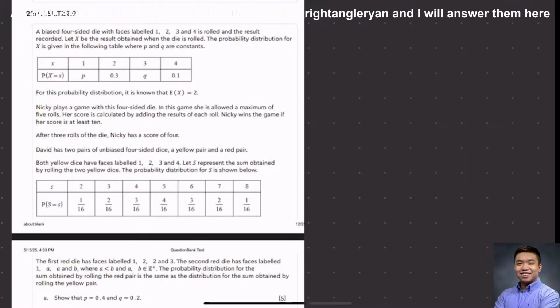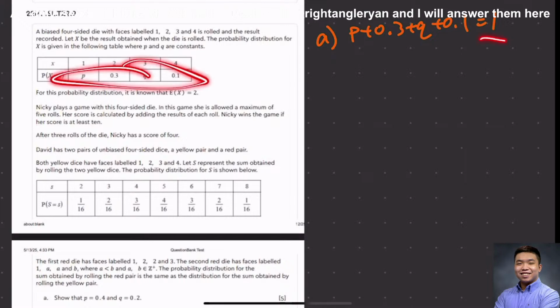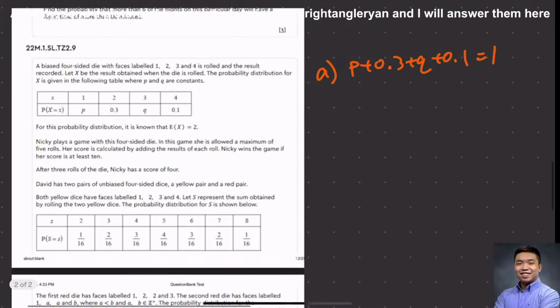So if you know that the expected value is 2, for part A you want to find P and Q. So P plus 0.3 plus Q plus 0.1 will equal 1, right? If you add up all the probabilities, it has to equal 1. Since I have 2 unknowns, I need to create a new equation.